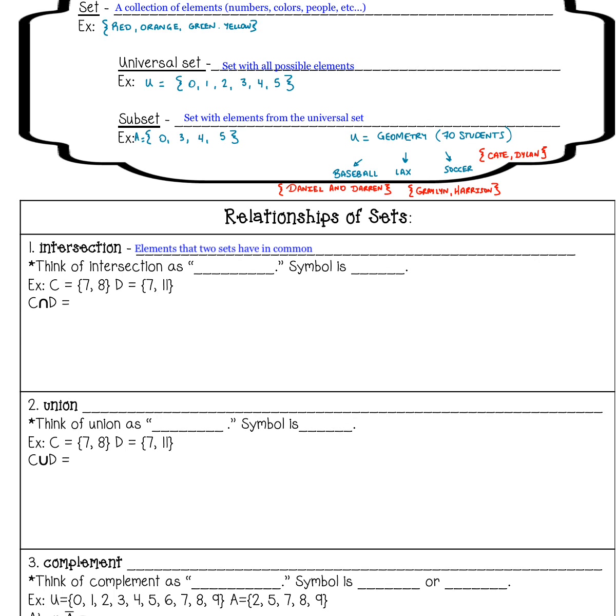Now, this is going to be fun because we're going to think of this as if we're thinking in and. Our word for intersection is going to be and, and it gets a symbol of an upside down N. So when we think of intersection, we get the word and. That means it's in one and the other.